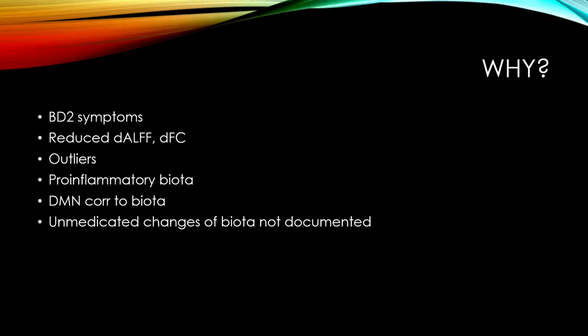It has been really researched, really interesting, and really hot, I think, in the last decade. Some of this literature has demonstrated reduced dynamic amplitude of low frequency fluctuation patterns in fMRI with patients with bipolar type 2, and there have been alterations in the dynamic functional network connectivity with bipolar type 2 as well.